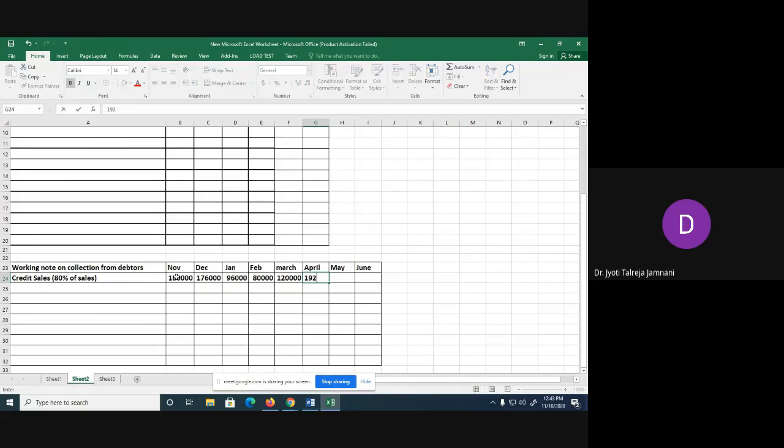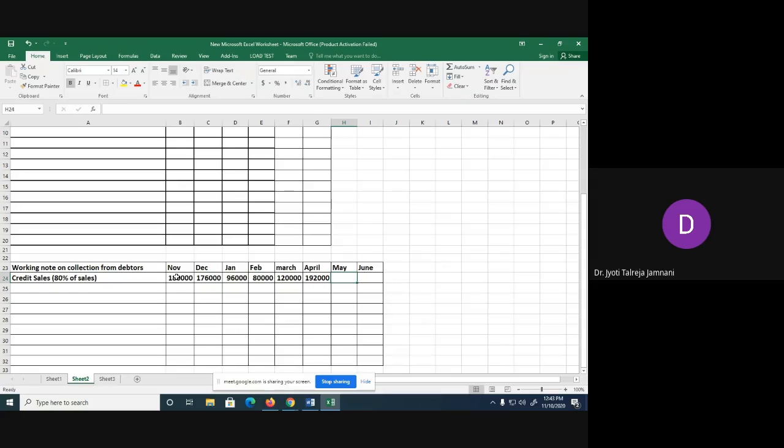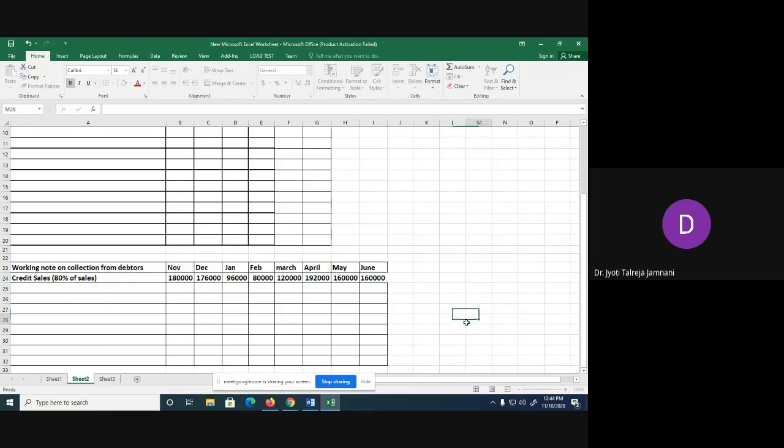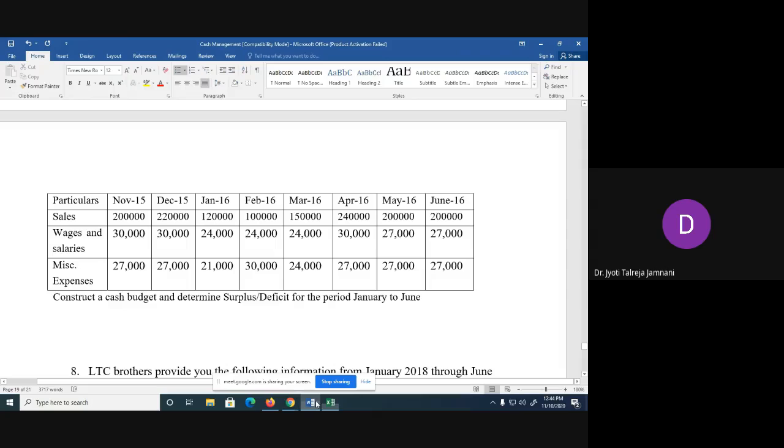April 1,92,000. May 1,60,000. And June 1,60,000. All this is nothing but 80% of the sales value which is given in the question. So sales value here 2 lakhs, 80% you saw 1,80,000. 2,20,000, 80% will be 1,76,000. 1,20,000, 80% is 96,000. 1,00,000, 80% is 80,000, and so on. I've calculated 80% of the values.